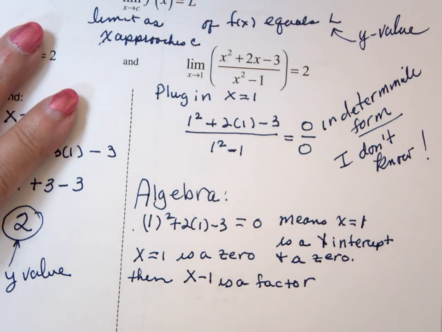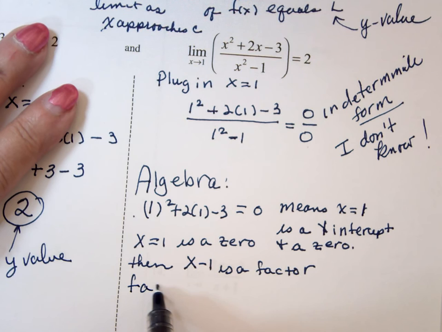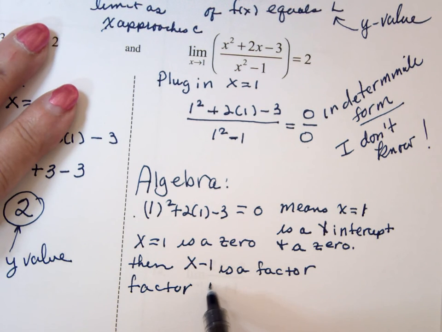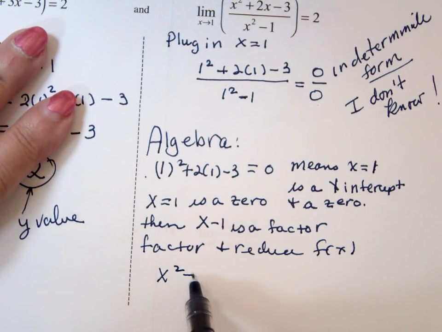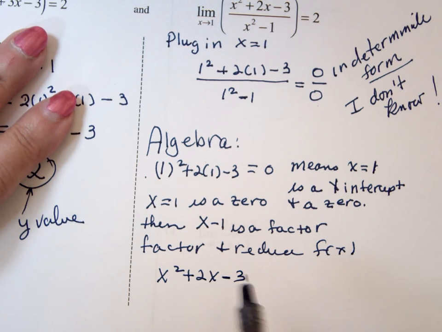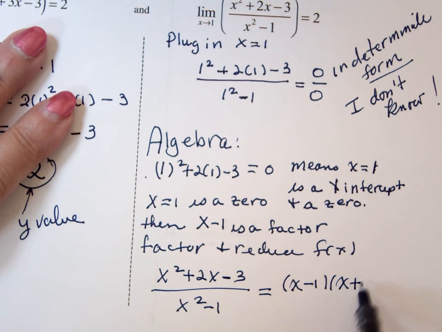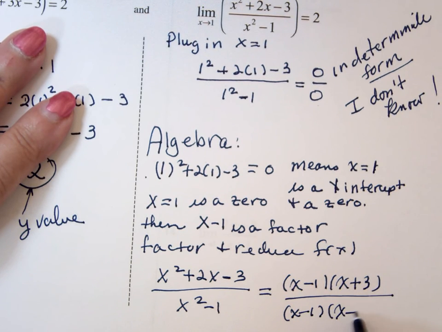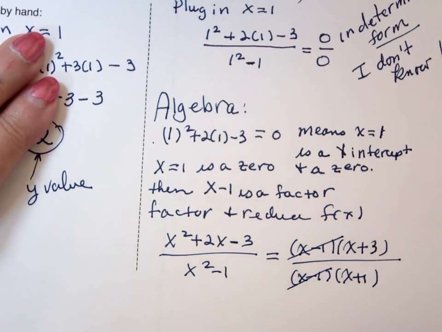So the algebra I'm going to use in this instance is to factor and reduce f of x, so that x squared plus 2x minus 3 over x squared minus 1 is x minus 1 times x plus 3, over x minus 1 times x plus 1. The x minus 1's reduce out.